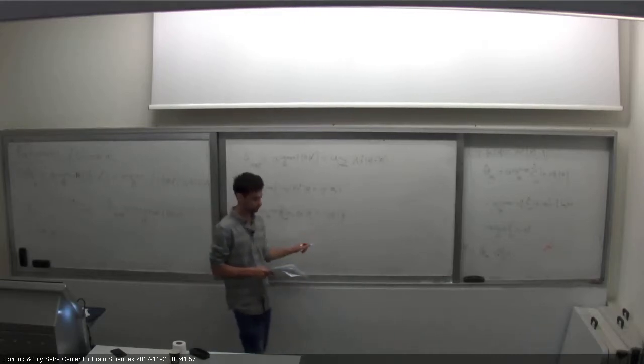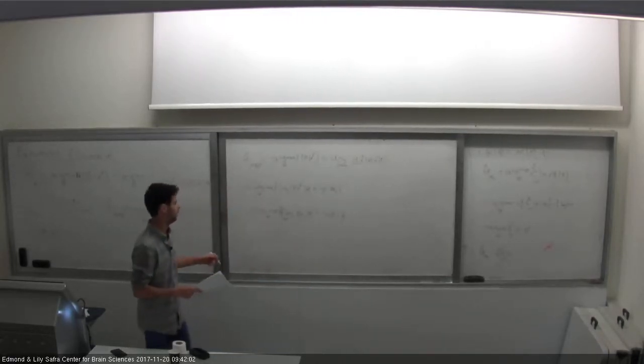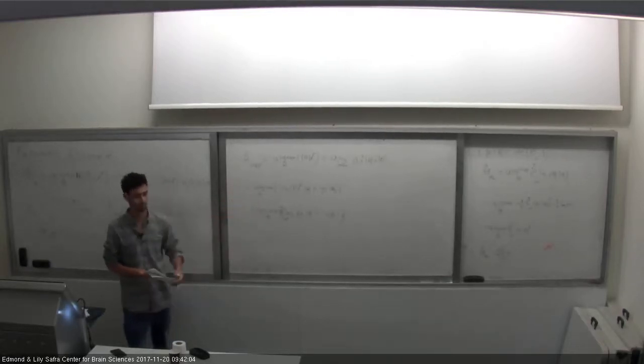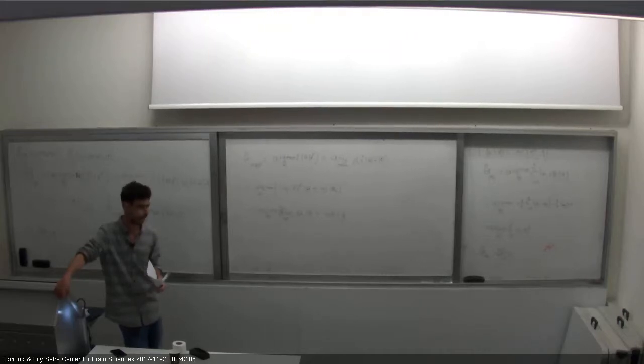So if we can't estimate the maximum posterior estimator, and we have a lot of observations, a good approximation is just to calculate the maximum likelihood.